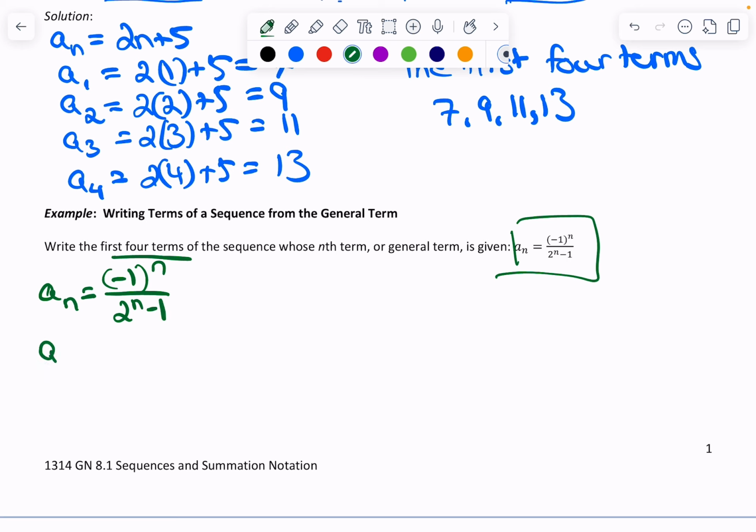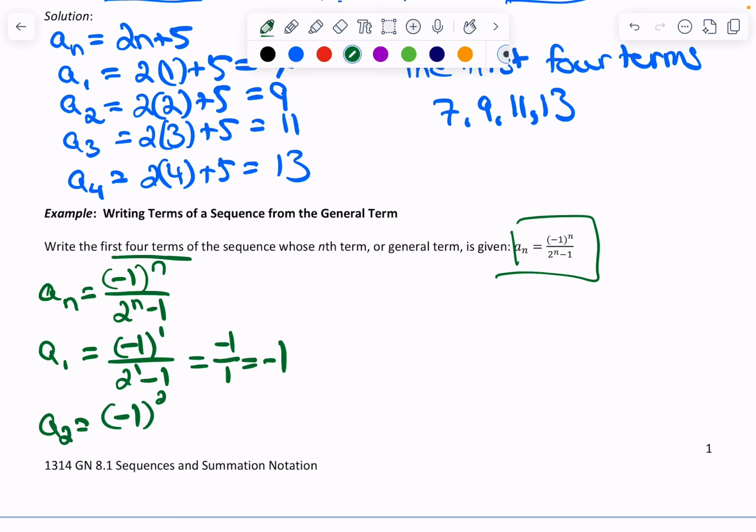First term, negative 1 to the power of 1, over 2 to the power of 1 minus 1. This is going to be negative 1 divided by 1, which is negative 1. Second term, we're subbing 2 where the n is, 2 to the power of 2 minus 1. So we get 1/3.